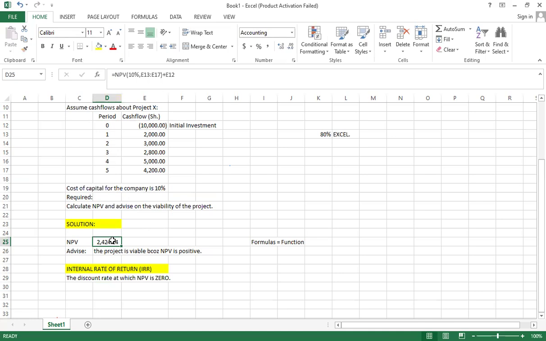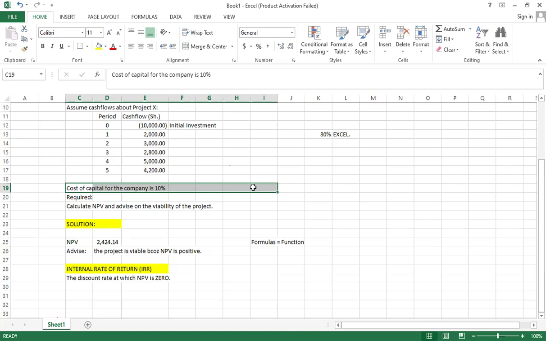Now, if I want to make my NPV be 0, the question I'll be asking here is, what discount rate should I have? That is what the internal rate of return is. The discount rate at which your NPV is how much? 0.